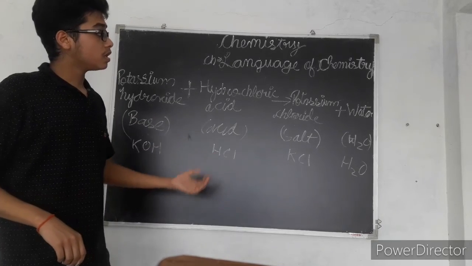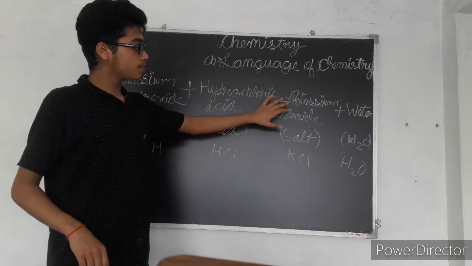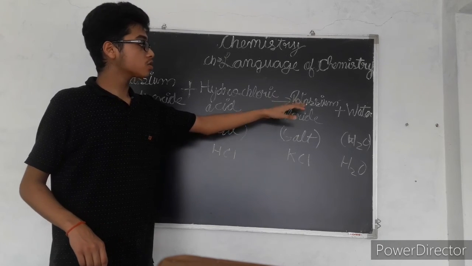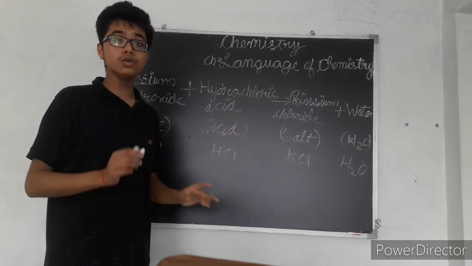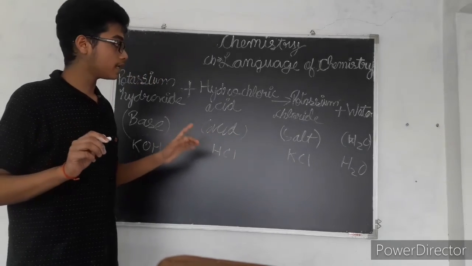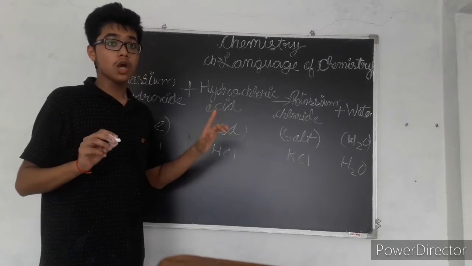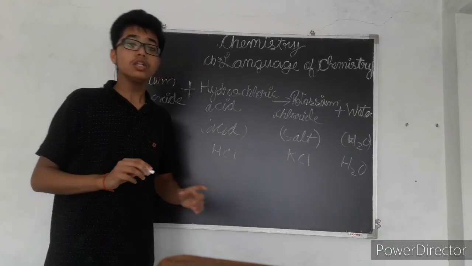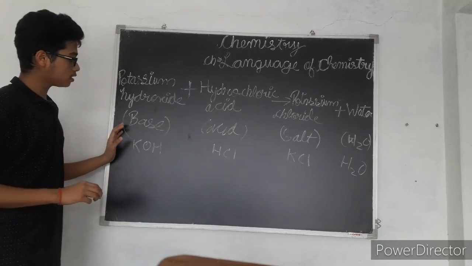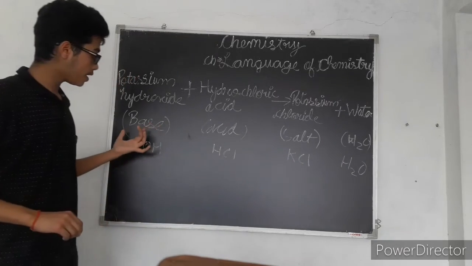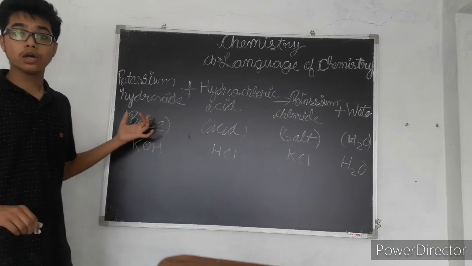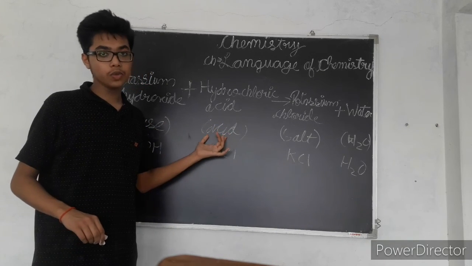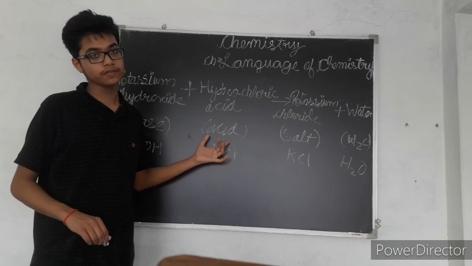Now when we put this salt in water, it is split into two radicals. One will carry a positive charge and one will carry a negative charge. The basic radical will carry positive, electropositive charge, and the acid radical will carry negative, electronegative charge.